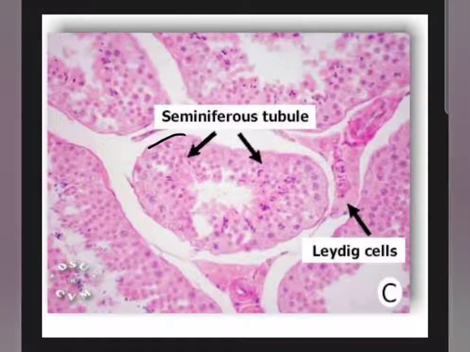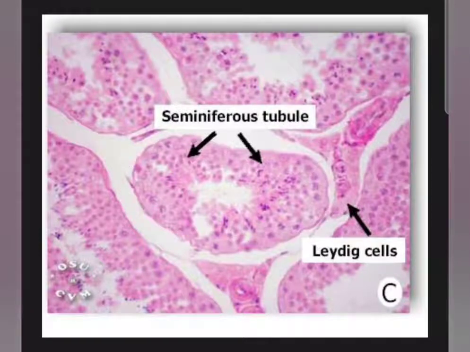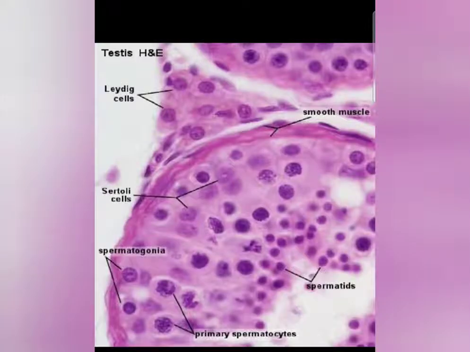The wall of the seminiferous tubule is made up of two types of cells. The first one is the spermatogenic cells, which have many stages, shown here, and the other one is the Sertoli cells.